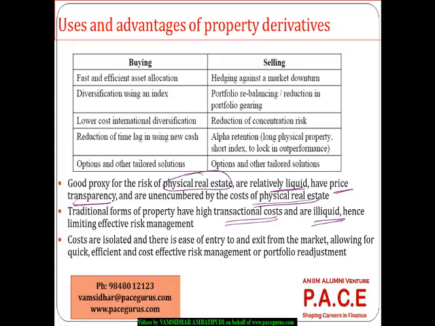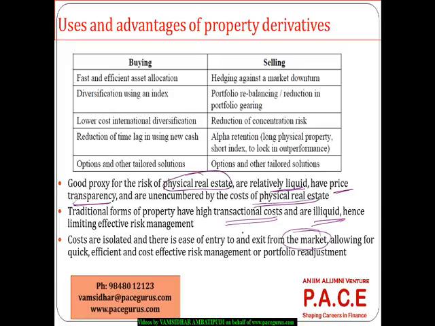And ease of entry and exit is much more comfortable here. So that is what is making my portfolio management process and risk management process more and more effective when I am relying on property derivatives rather than going ahead with the physical ownership of the property.